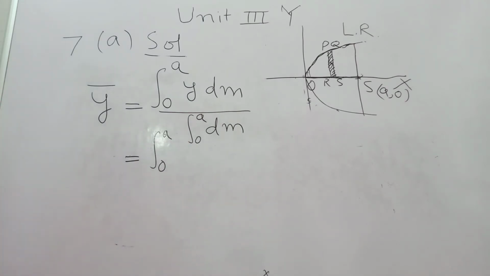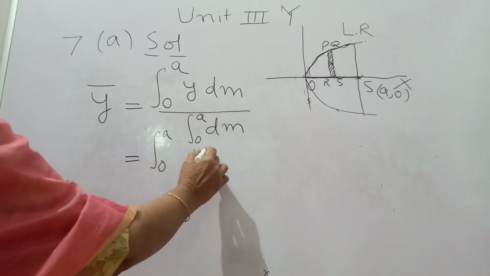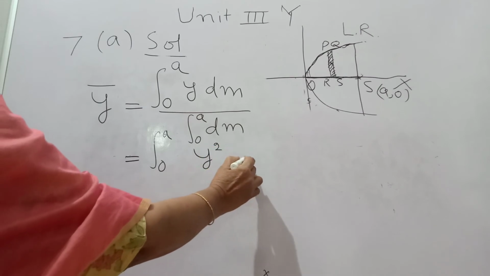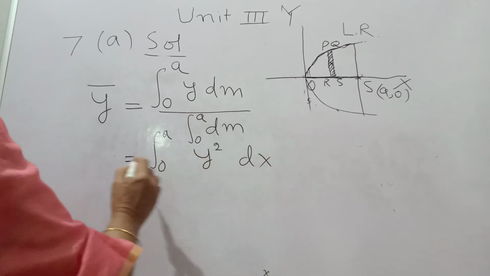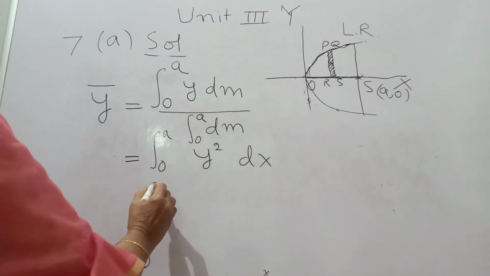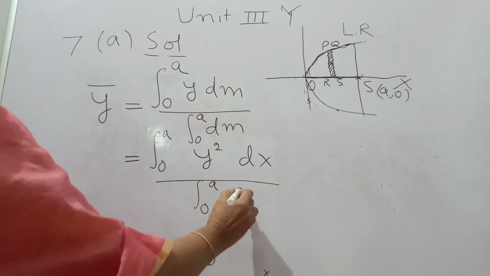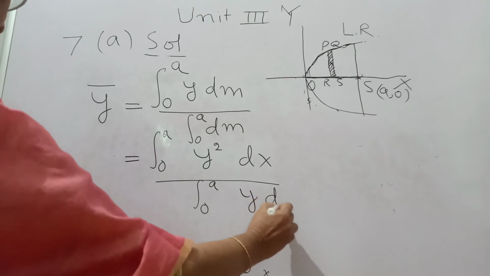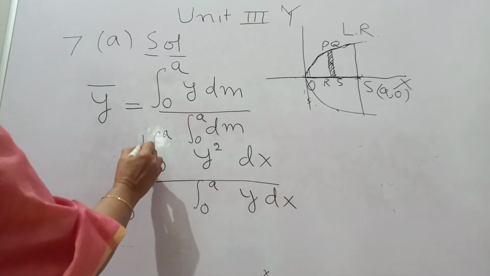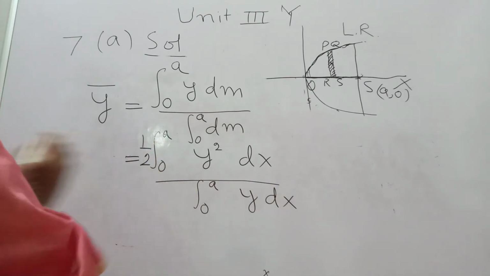Just substitute the value of dm. You will get y square dx and 0 to a y dx, and of course half is also there.